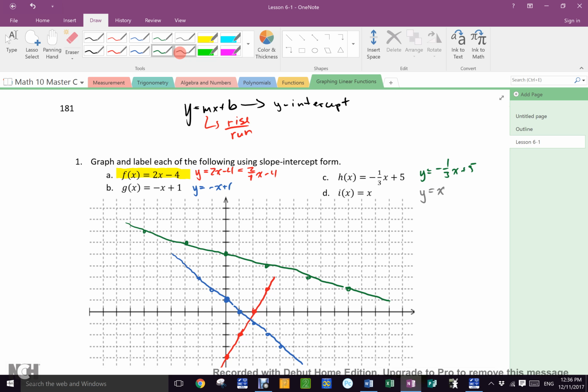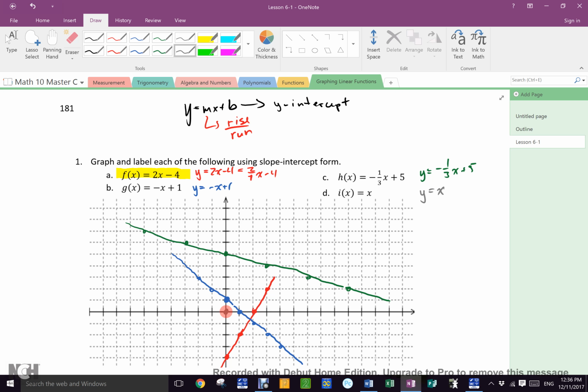And lastly, my gray line, y equals x. I can put a dot at 0, because it's x plus 0, isn't it? Put a dot right there. And what's my slope? No, 1. Positive or negative 1, Nick? Positive.